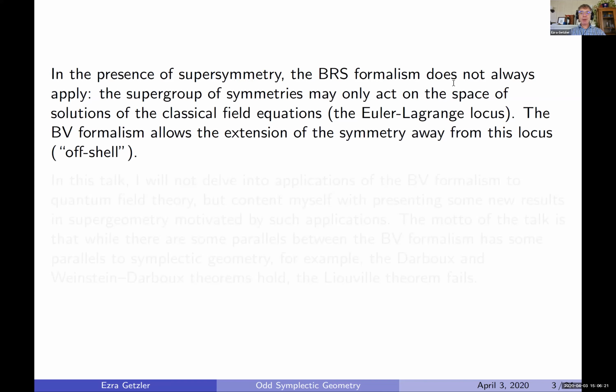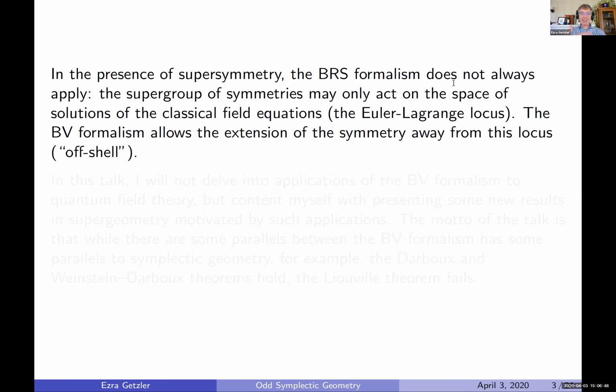Now, obviously, when we're doing quantum field theory, we need to work away from the classical solutions. That's the whole point of quantum theory. So you need a formalism which can extend the symmetries away from the classical locus. And that, in fact, is what the Batalin-Vilkovisky formalism handles masterfully.